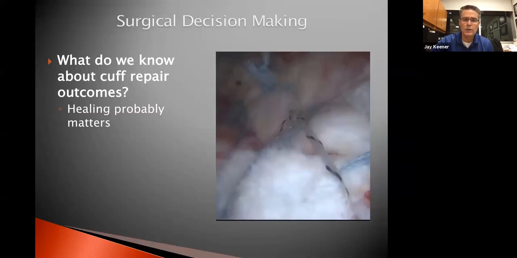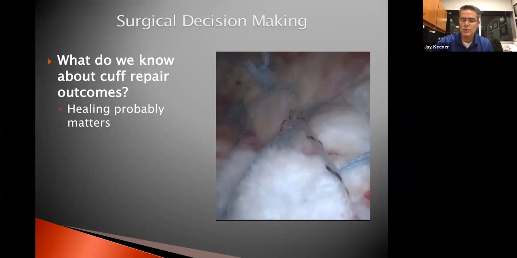So what do we know about cuff repair outcomes? Well, I'm going to disagree with Jed just a little bit. I think healing does matter, not in everybody, especially my older, lower demand patients. Both Bill Levine's group and our group tried to look at this, and there are a lot of psychosocial factors that are important.